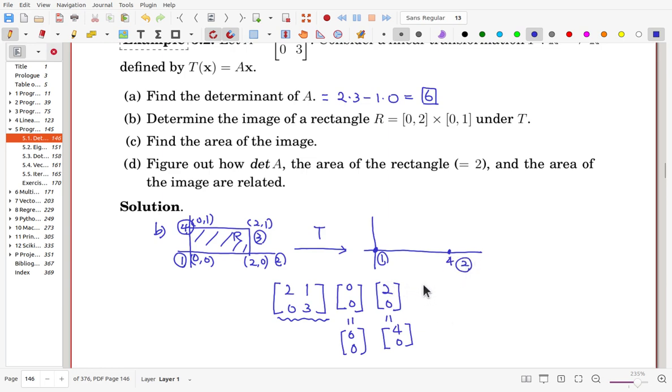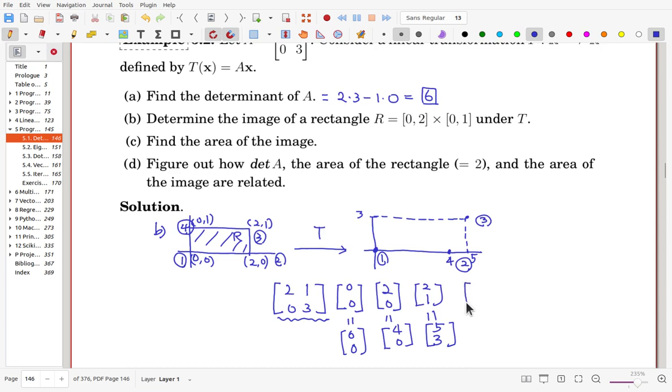And I have a third corner, that is (2, 1). This matrix-vector multiplication is row times column, so that is 5, and row times column, that is 3. So here we have 5 in the x direction, and the height is 3. This point is the image of the third point.